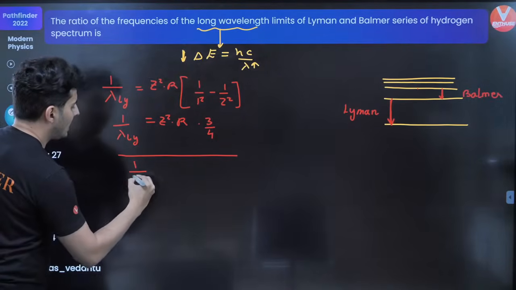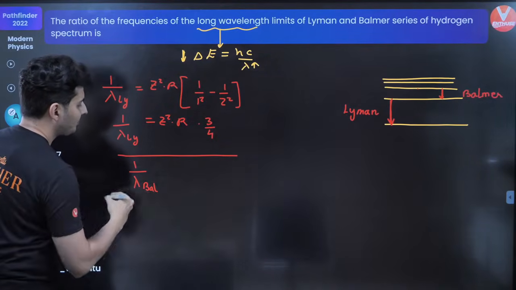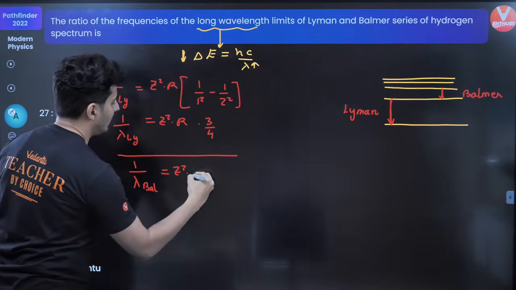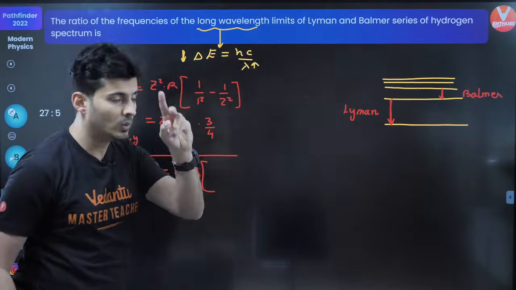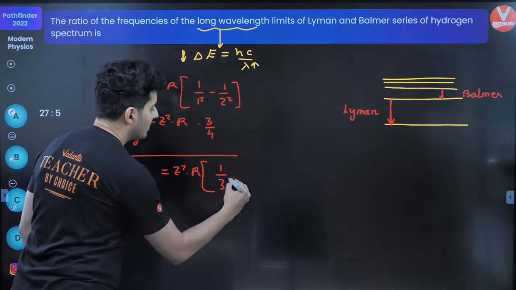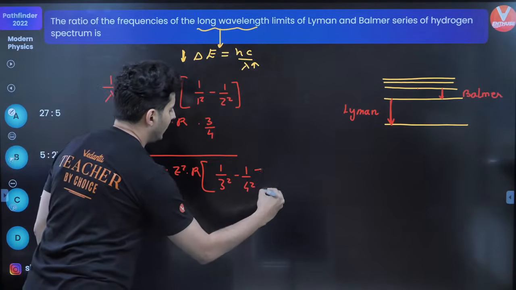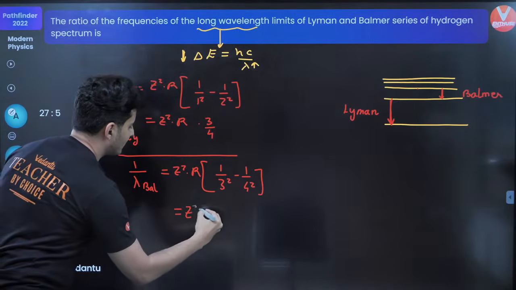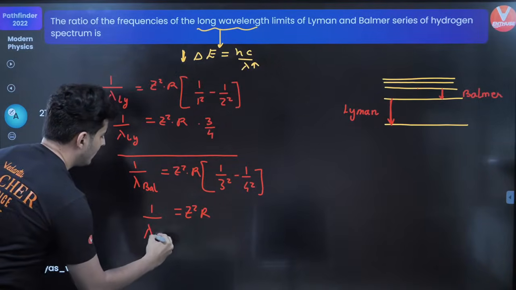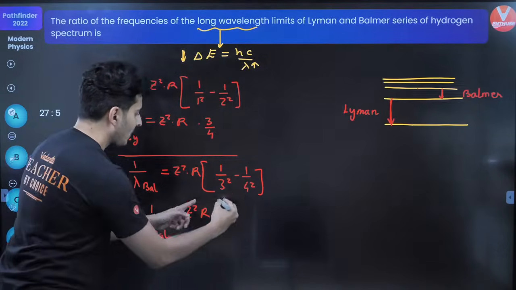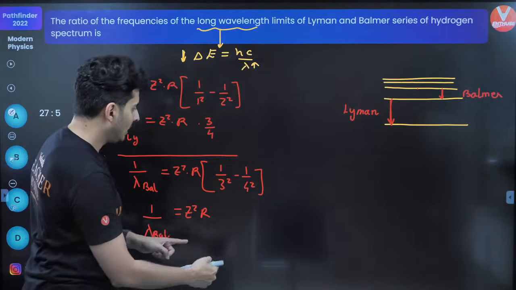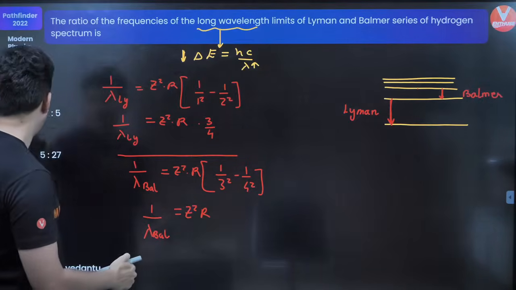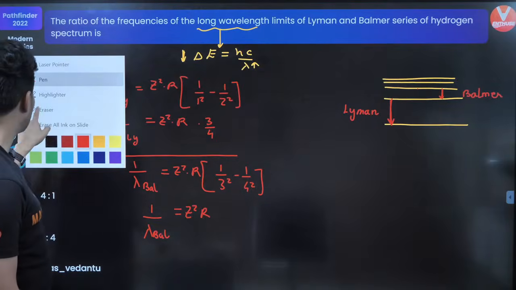Similarly, 1 by lambda of Balmer will be Z square into R, and then you will have from 3 to 2. So 1 by 3 square minus 1 by 4 square. Oops, I made a mistake, I think. I'm so sorry, guys.